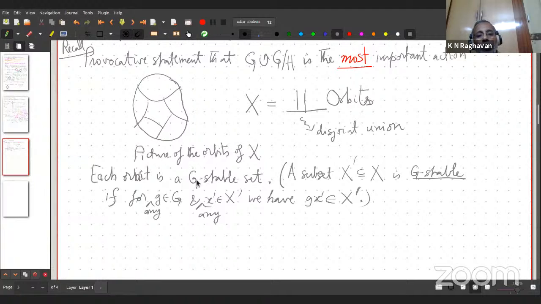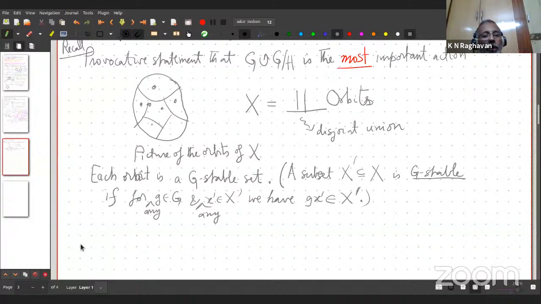Okay. But how does this look? Well, each of these is an invariant subset, a G stable subset. Each orbit is a G stable subset.